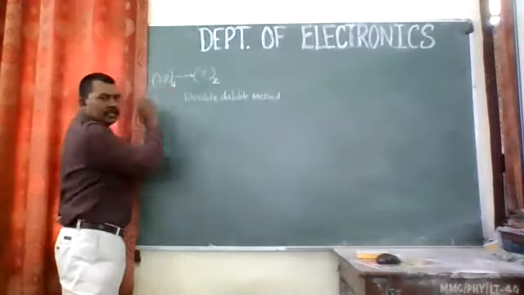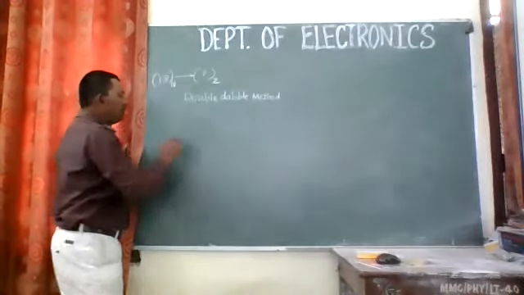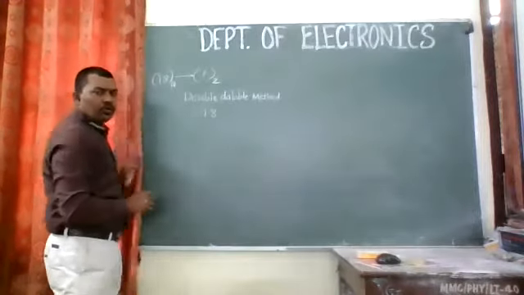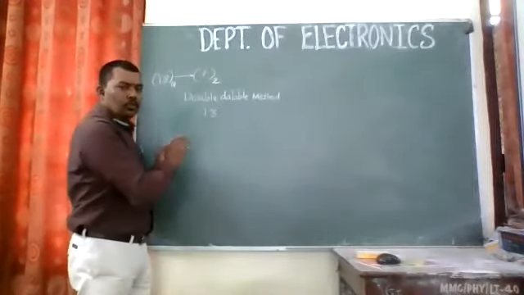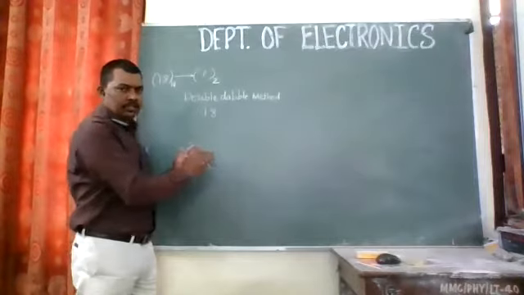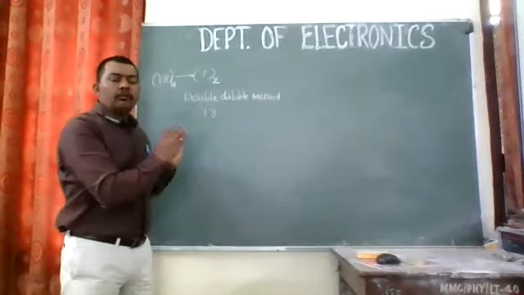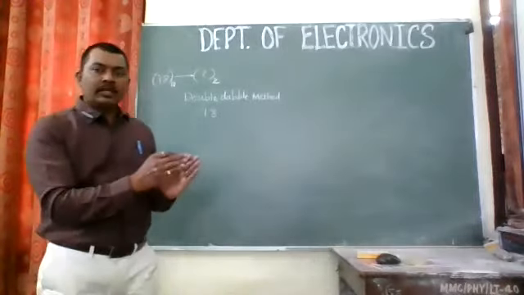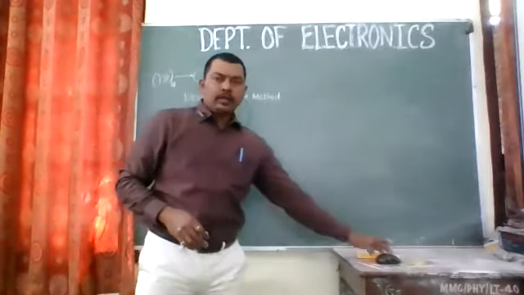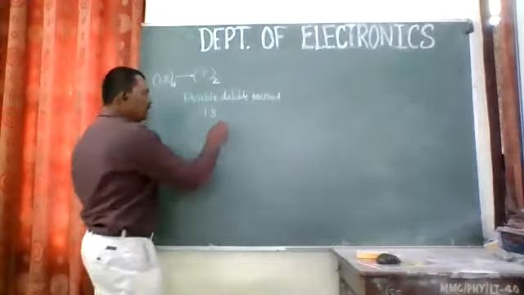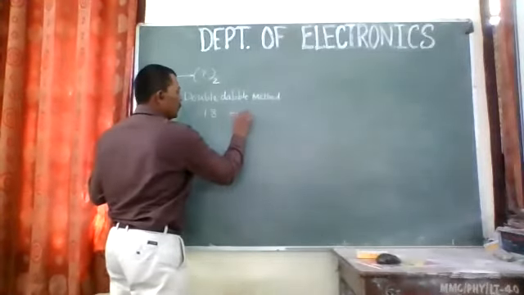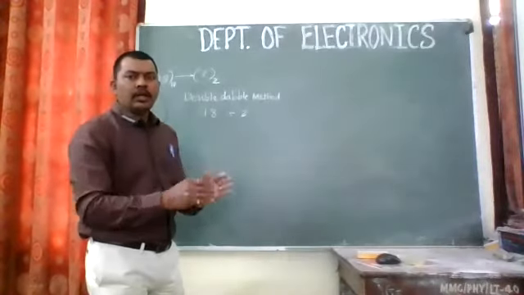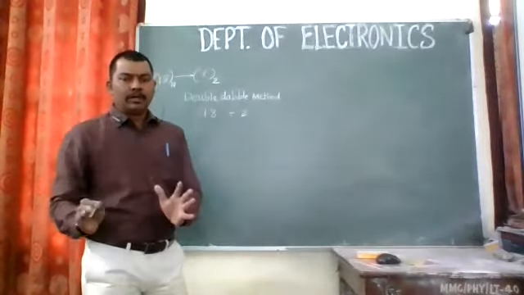We have this number 18, for example. We are going to divide this number by the radix of the binary number. The radix of binary is 2, so divide this by 2, and we will have a quotient and a remainder.